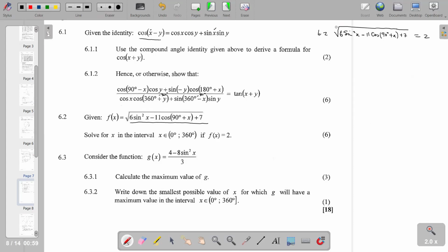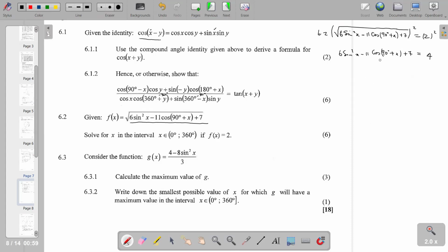So first step, we have to square both sides to remove the square root. So we are going to have 6 sine squared x minus 11 cos of 90 degrees plus x plus 7 being equated to 4.